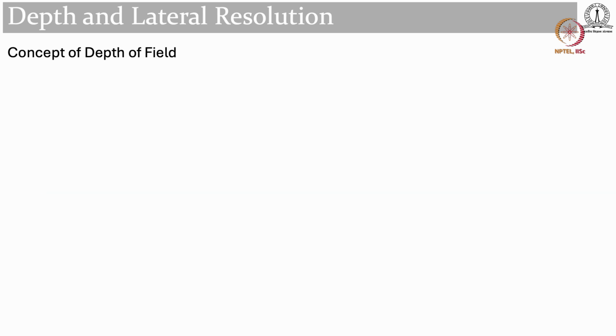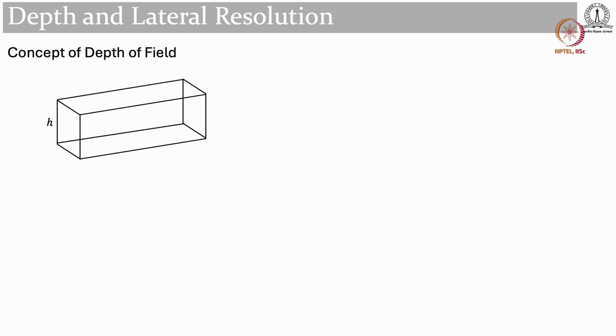Now we'll see a bit more about the depth of field. Suppose you have this microchannel of height h, and this is the coordinate system. If you are viewing it from the bottom, this is the depth of field I am talking about. You can see a bit of a gap here, and this is the region for which you are able to focus the particles.